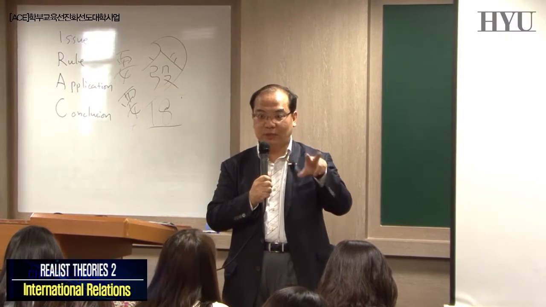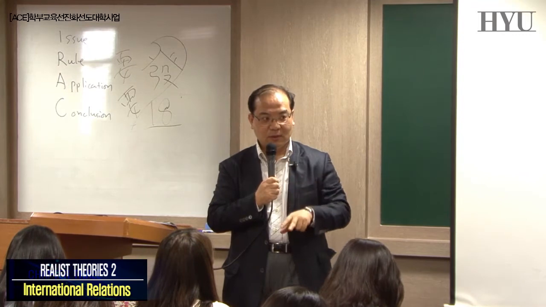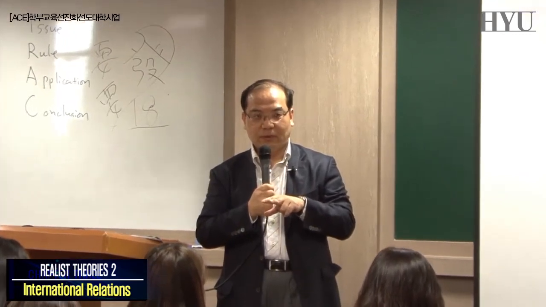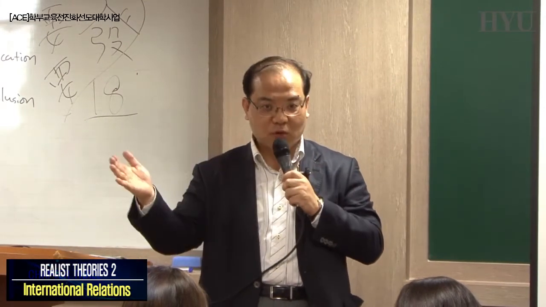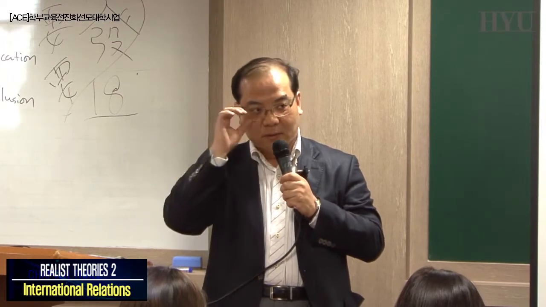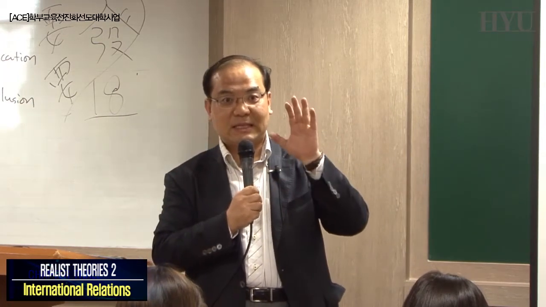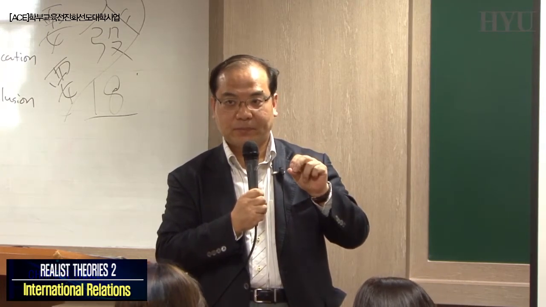What's the key difference between the pre-modern and the modern system, which we are still part of, although many argue that the modern system may be coming to an end and a postmodern system may be beginning? The biggest difference is the state-based system.